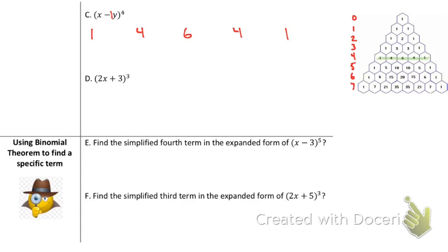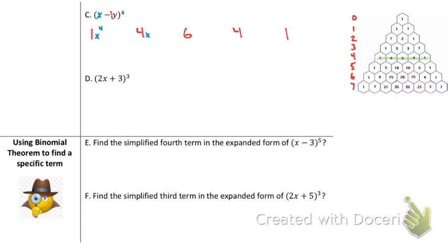So we'll do the first term in blue. The blue term will go here, starting with a power of 4, because that's my exponent. So it's going to be x to the fourth.